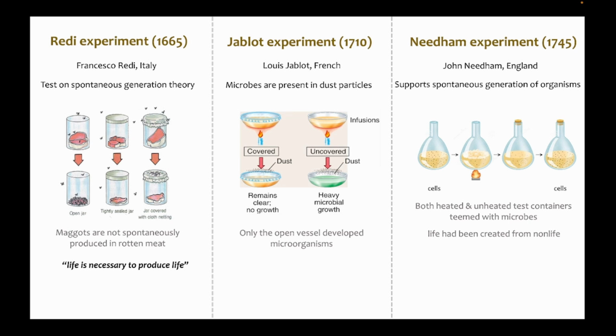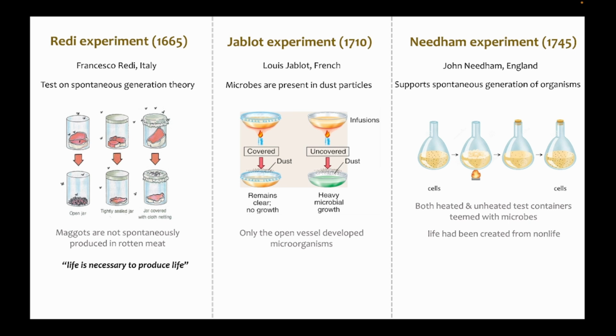Okay. So that's why his results were not good. But the dispute for both the Redi experiment and Jablot experiment was that people who supported spontaneous generation said, of course it doesn't grow. There's no air. You enclose it. They said air is essential for life.